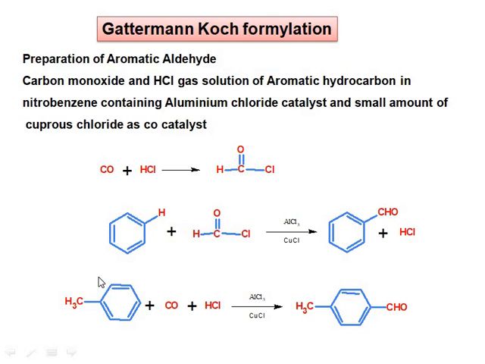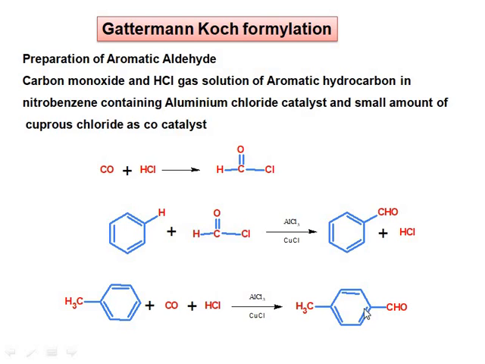Similarly, another example we have seen is toluene. This toluene can be treated with carbon monoxide plus hydrogen chloride gas in the presence of aluminum trichloride as a catalyst and cuprous chloride as co-catalyst to give the aldehyde at the para position.